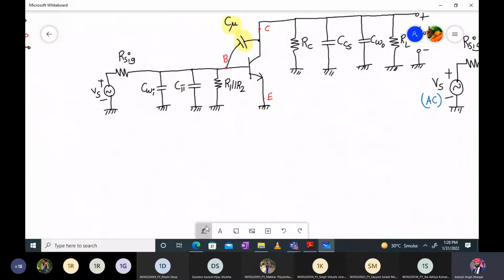The next step is over here. Anyone? What do we apply? We apply the Miller theorem. Okay. So what do we write over here? Please write along.